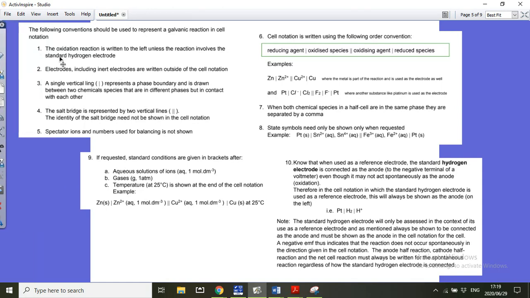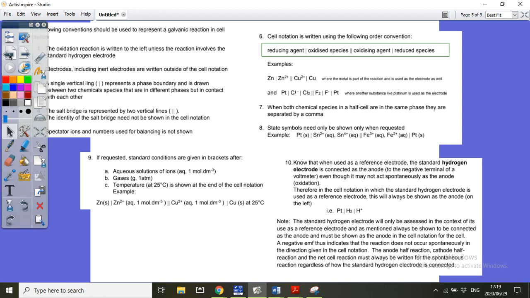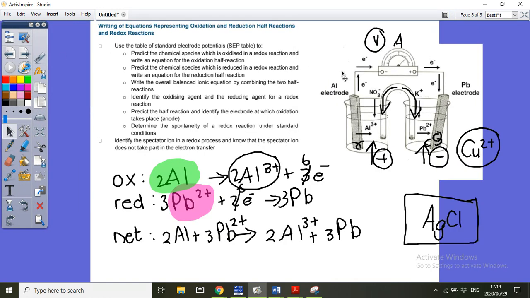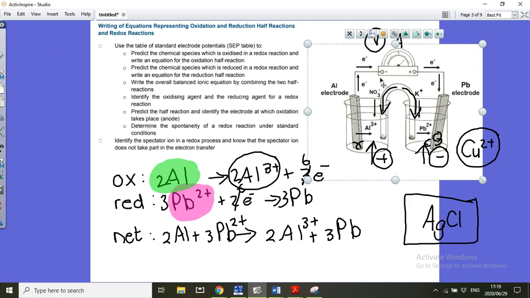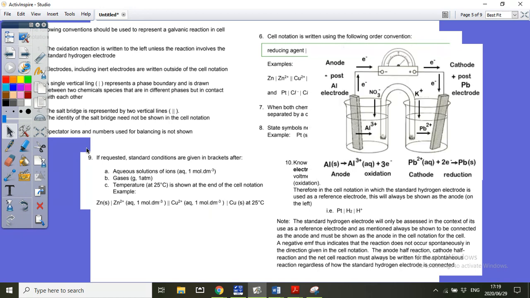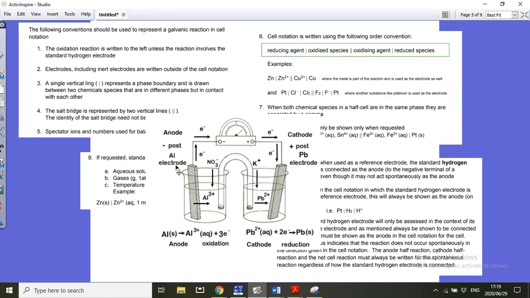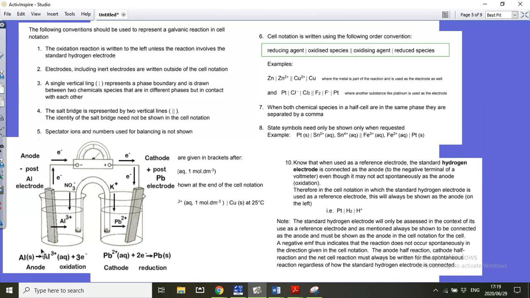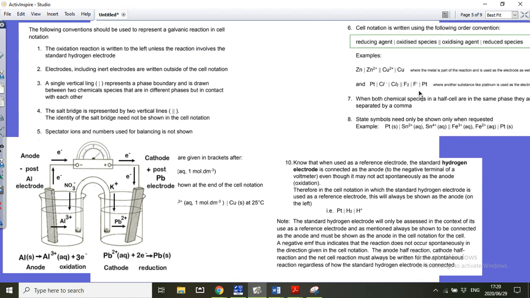Now, again, if we have our half reactions, which we do, I'm actually just going to take this cell and take it over to the other side. If we now have our cell and we have our two half reactions, anode and cathode, what you basically do when you write the cell notation is you give a shorthand method of what is going on without drawing the whole picture.